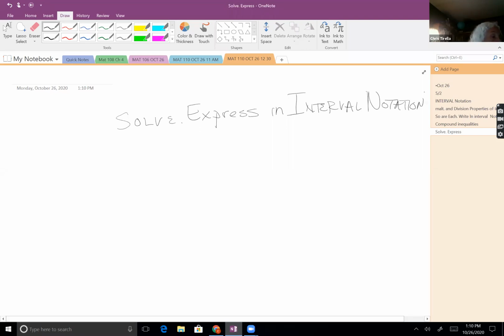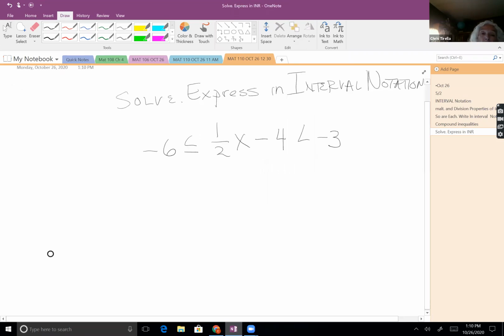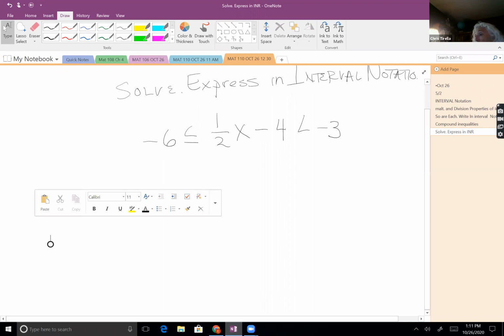And I'm going to have -6 is less than or equal to 1/2 x minus 4 is less than -3. And I'm going to shut up for a minute and ask you folks to solve that one.